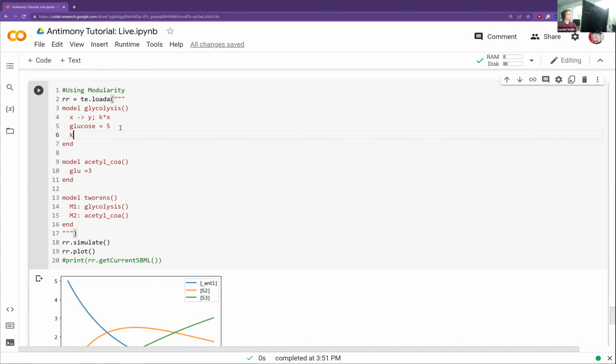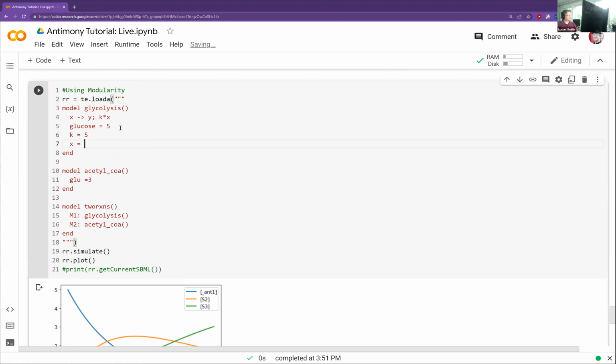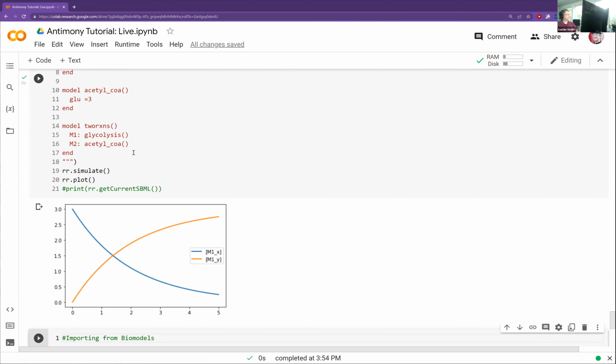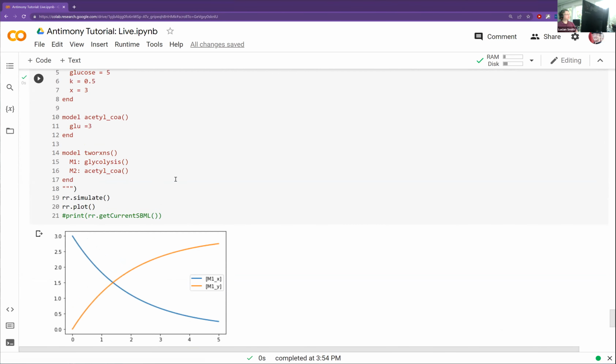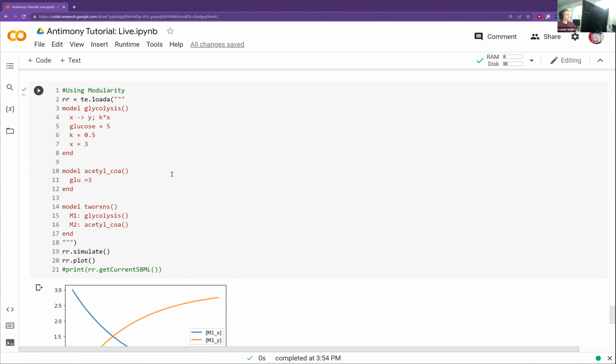Let's say K equals 5, and X equals 3. All right. Oh, here, let's say that X is glucose. So we're going to change this to K times glucose.